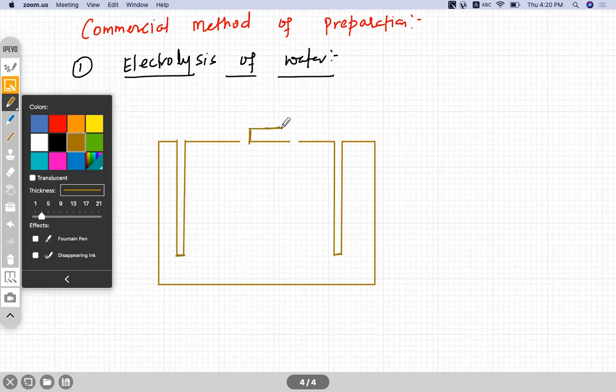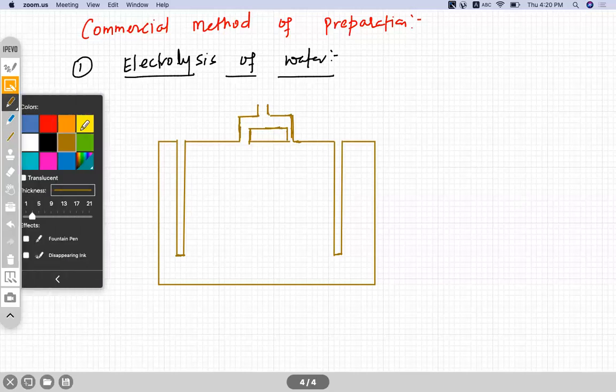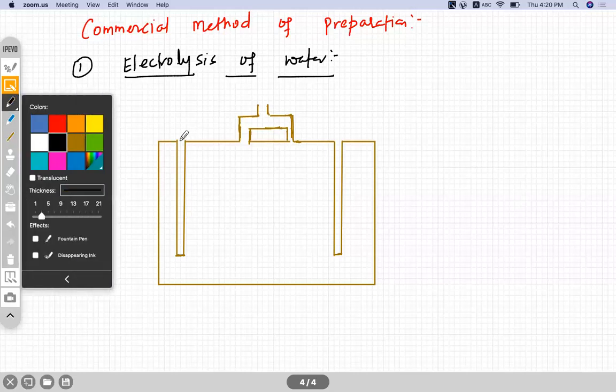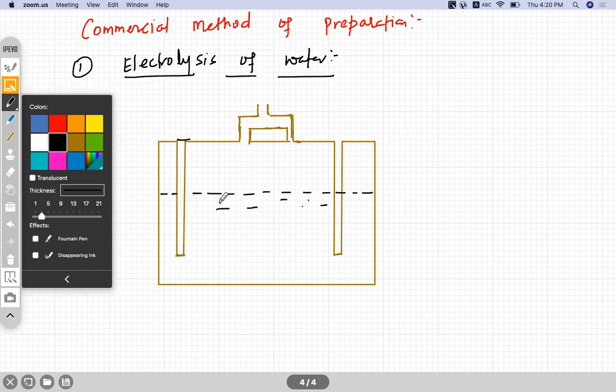And here we have the inlet of water. And in this container, we have the electrolyte present, which goes under electrolysis.